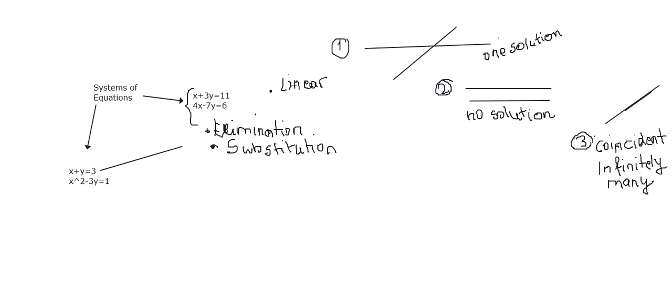In the second case, when we have one linear and one quadratic equation, we no longer get one solution, no solution, or infinitely many solutions, but we have the case when we have two solutions, one solution, or no solution at all.